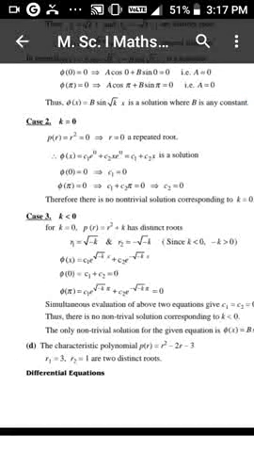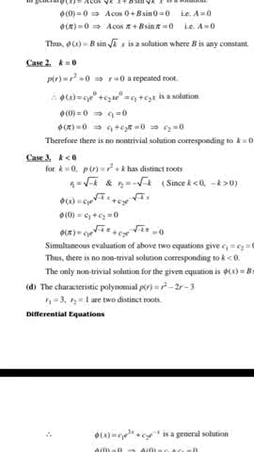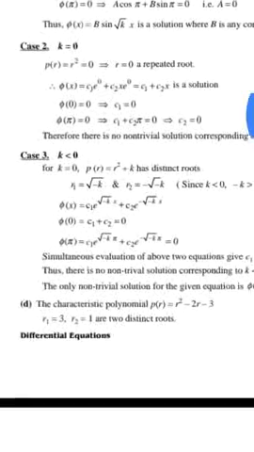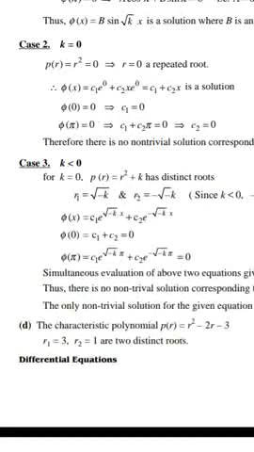Second case, k is equal to 0. P of r is equal to r square is equal to 0, so r is equal to 0 is a repeated root. Phi of x is equal to c1 e raised to 0 plus c2 x e raised to 0. Therefore c1 plus c2 x is a solution.